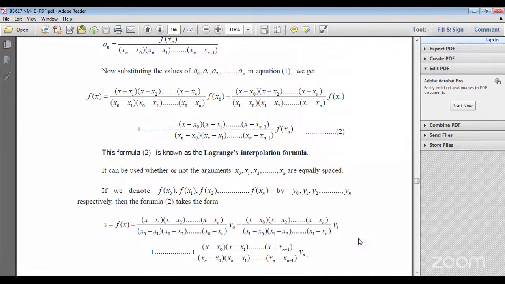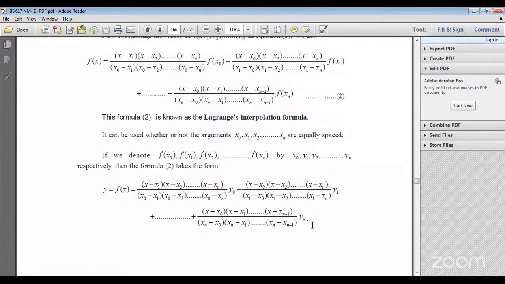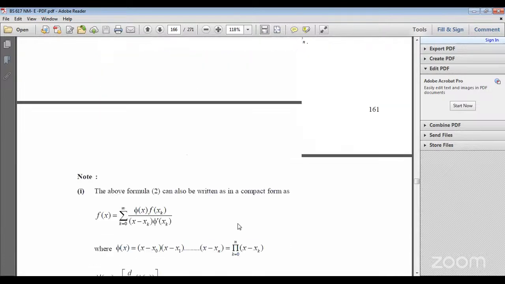Then the formula takes the form: f of x is equal to (x minus x1)(x minus x2), and so on, (x minus xn) divided by (x0 minus x1)(x0 minus x2), and so on, (x0 minus xn), into y0, plus (x minus x0)(x minus x2), and so on, (x minus xn) divided by (x1 minus x0)(x1 minus x2), and so on, (x1 minus xn), into y1, and so on, plus (x minus x0)(x minus x1), and so on, (x minus xn minus 1) divided by (xn minus x0)(xn minus x1), and so on, (xn minus xn minus 1), into yn.